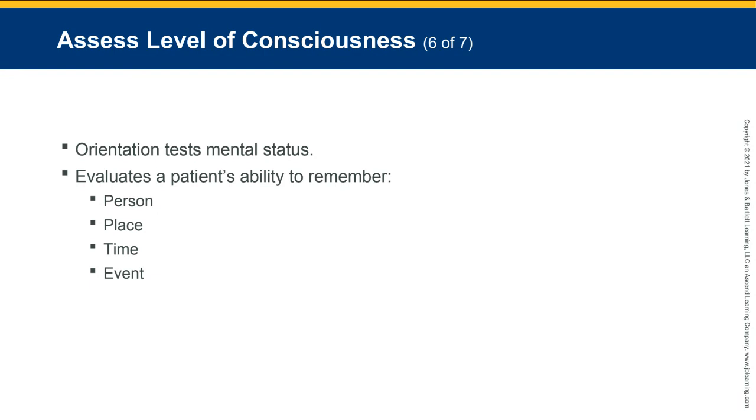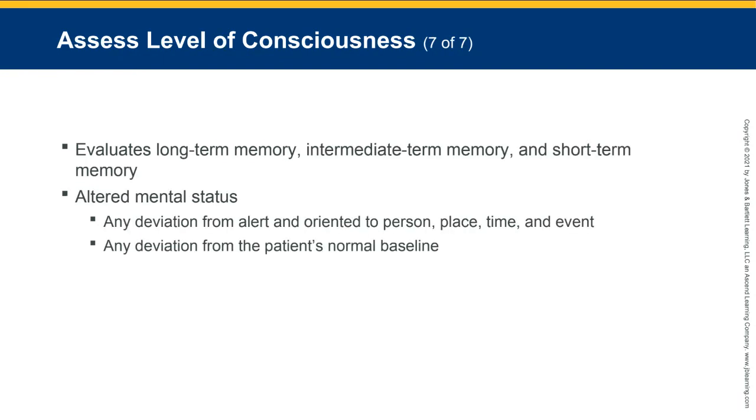Long-term, intermediate, short-term memory. If there is an issue with one of these areas, so if there's an issue with person, place, time, or event, then the patient is said to have an altered mental status. Or if the patient is behaving in a manner that is not considered the norm for that patient, then they have an altered mental status.